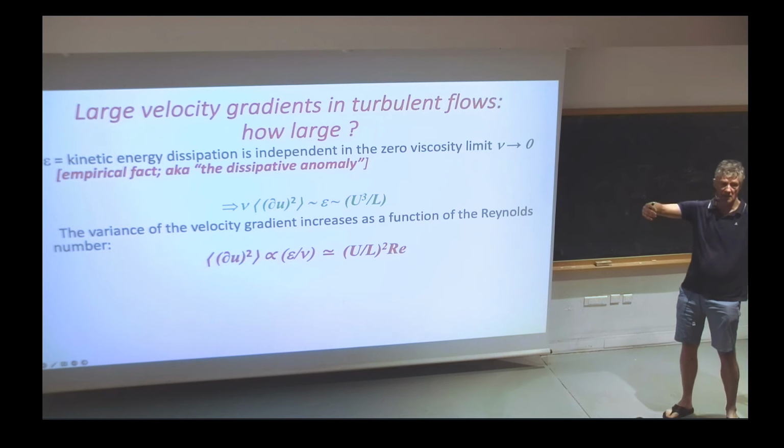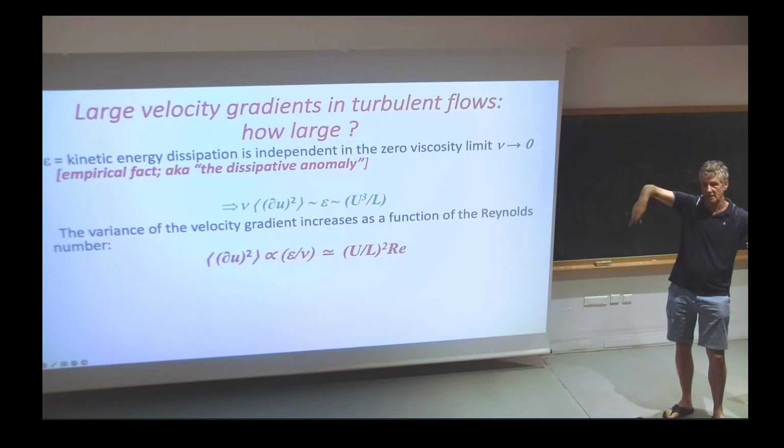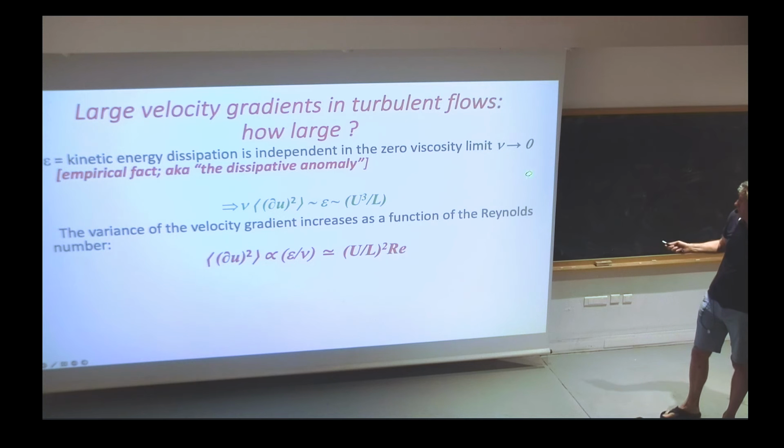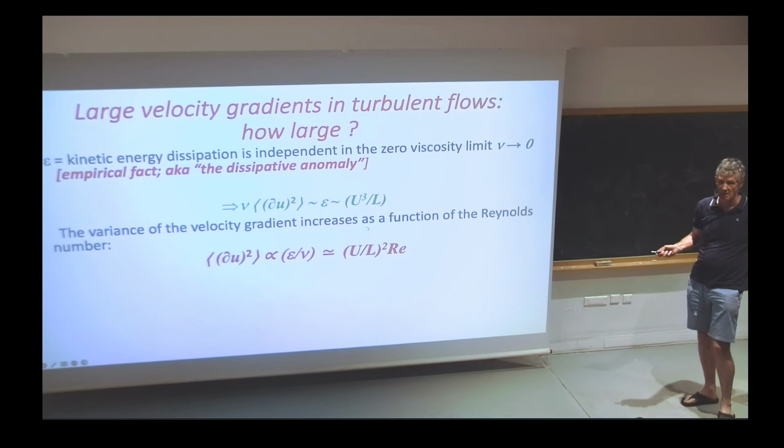If you take some fluid and start stirring it, and you have very small viscosity, you might infer that dissipation is very small, and therefore there'll be no dissipation. The answer is wrong, dead wrong. Even if the viscosity is very small, you still have some finite dissipation.